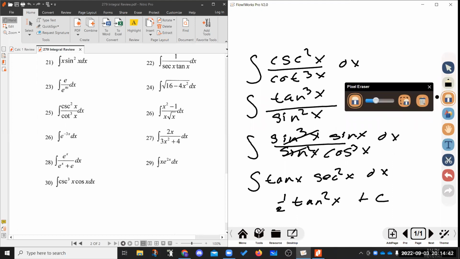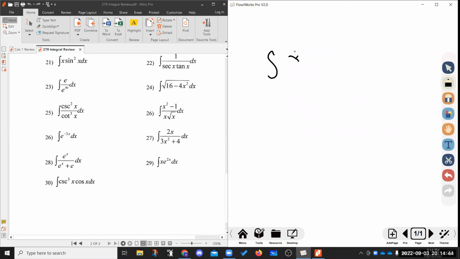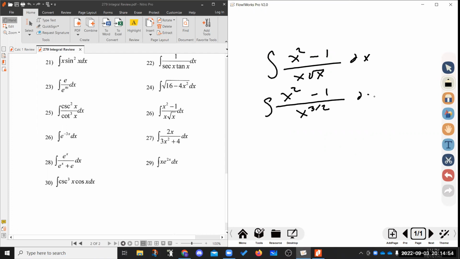Number 26 is root x squared minus 1 over x root x. I'm going to write that x root x as x to the 3/2. Take 3/2 away from 2. I'm going to get x to the 1/2, x to the negative 3/2 dx.